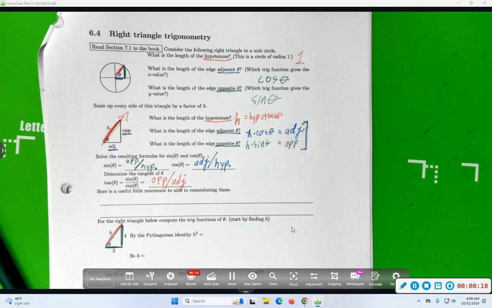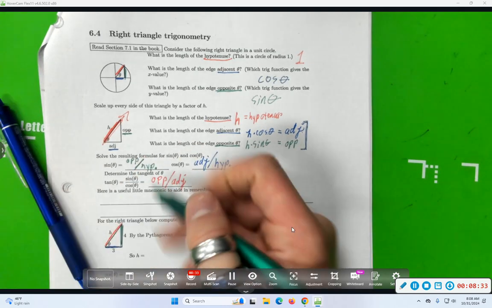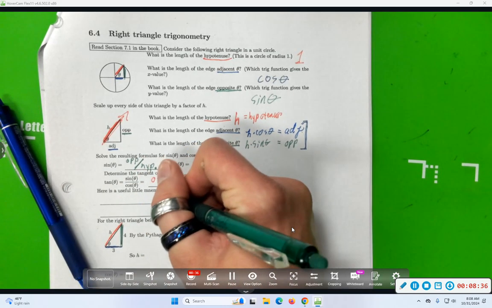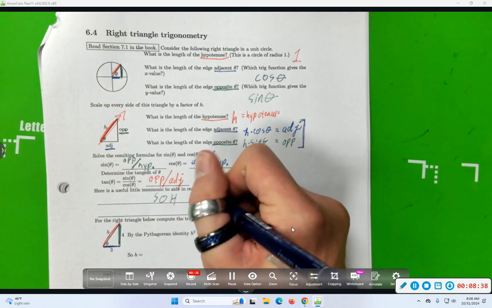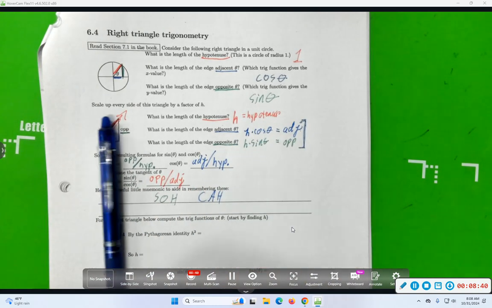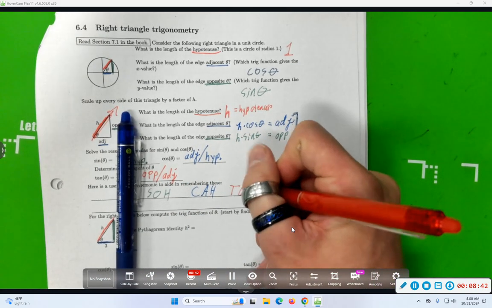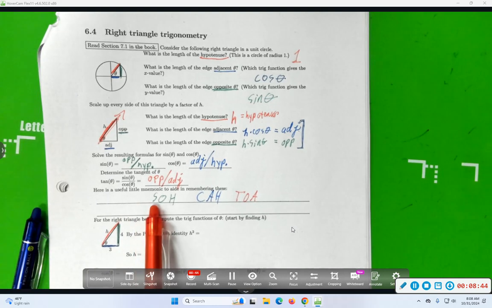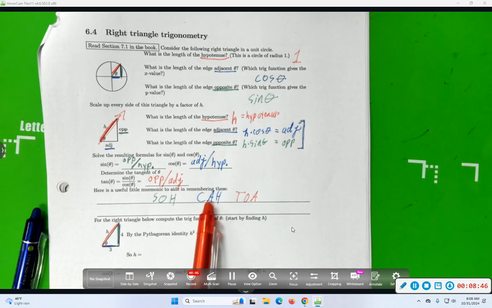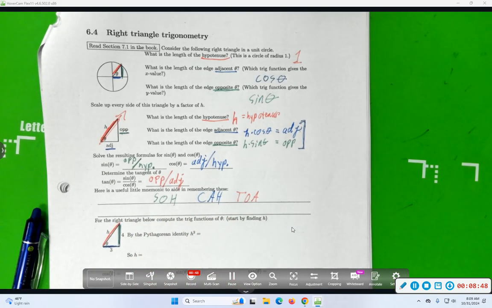There's a handful of useful mnemonics. Some of them involve rhyming limericks. Some of them are of questionable taste. I'm an advocate, if you want to remember this via mnemonic: if you can remember the syllables SOH, CAH, TOA, then you can remember sine is opposite over hypotenuse, cosine is adjacent over hypotenuse, tangent is opposite over adjacent.